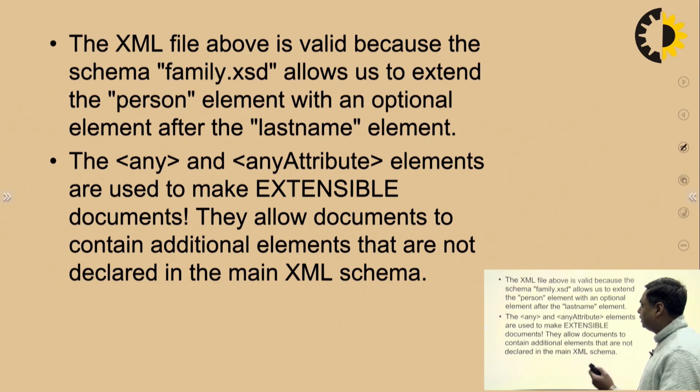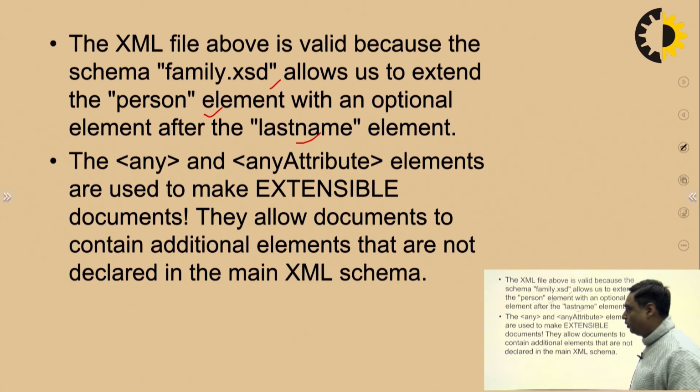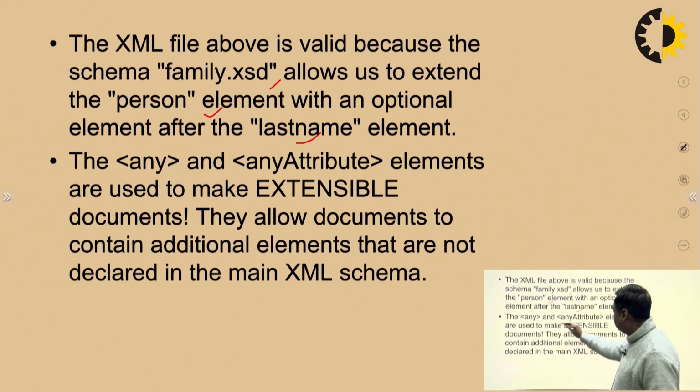So it is just an explanation for you. The XML file above is valid because the family.xsd allows us to extend the person element with an optional element after the last name element. The any element, and similarly the anyAttribute also, are used to make extensible documents.